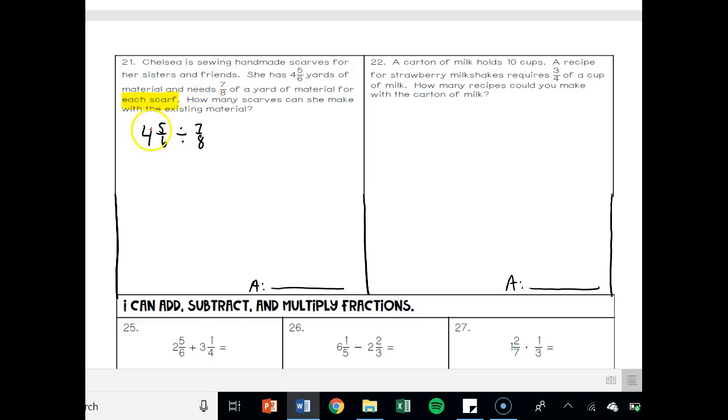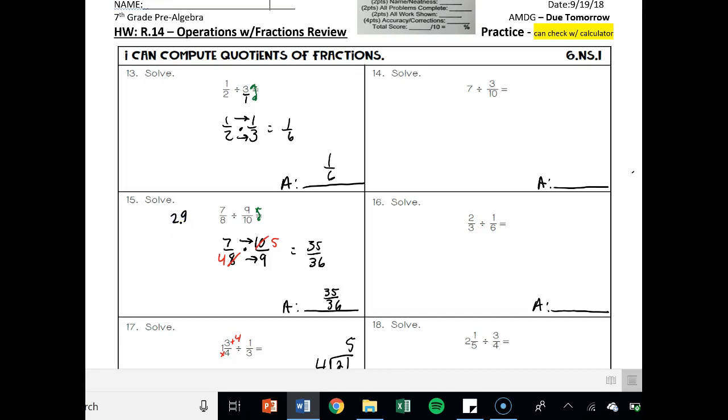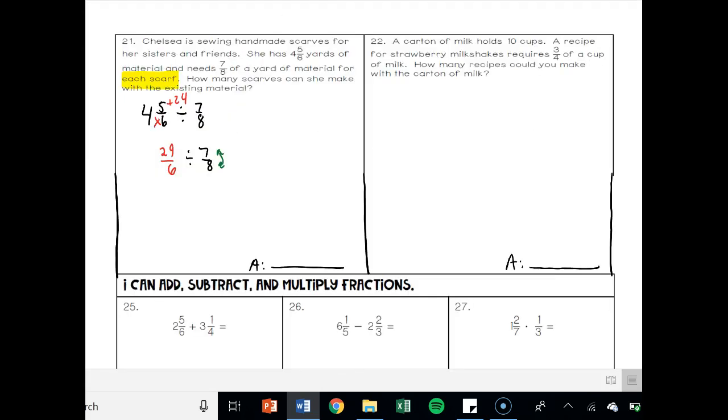We should have a stop sign here because we got a mixed number, so multiply that. That gives you 29/6 divided by 7/8. Now I'm going to go ahead and flip and get 29/6 times 8/7, and I cross cancel.